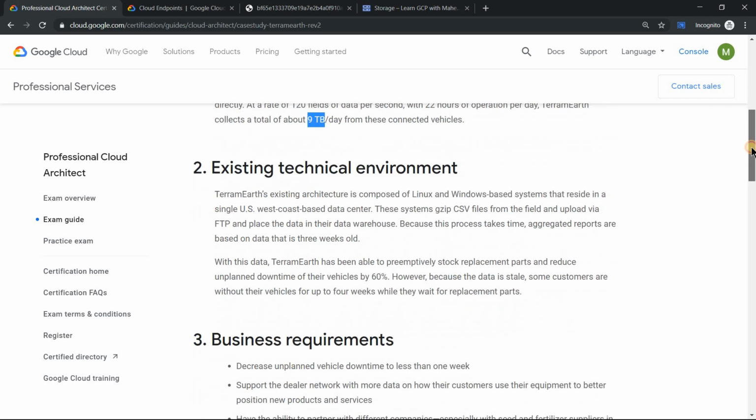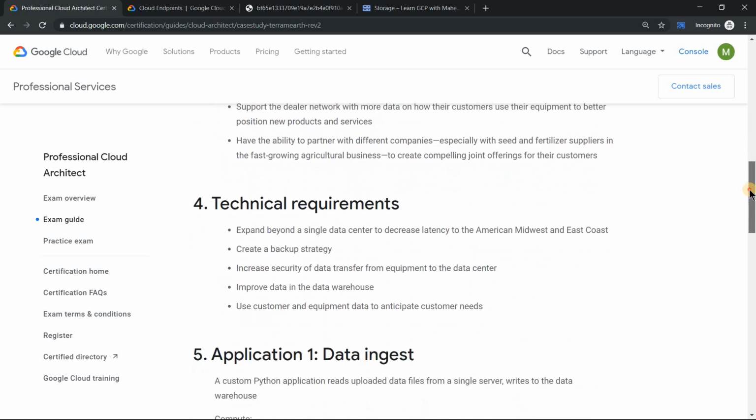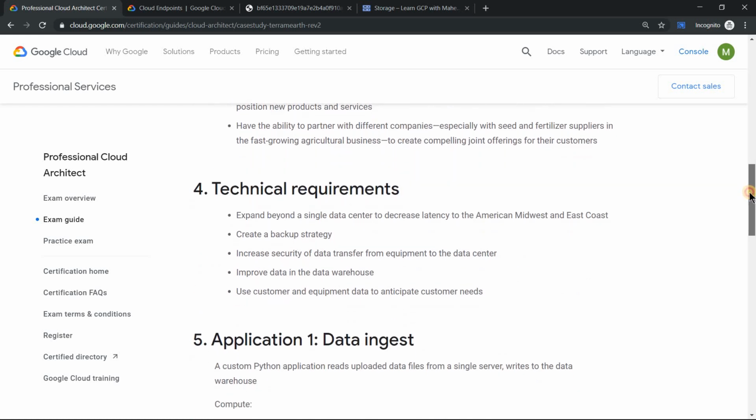Only 200k vehicles have a cellular network, and they themselves generate 9 terabytes. The remaining 20 million vehicles, which are not connected to a network, usually get their data transferred when they come to the service station or service place, so the amount of data would be really, really huge.